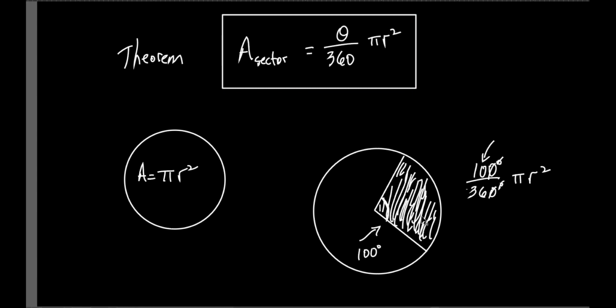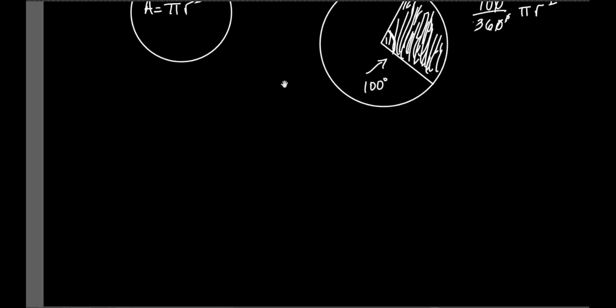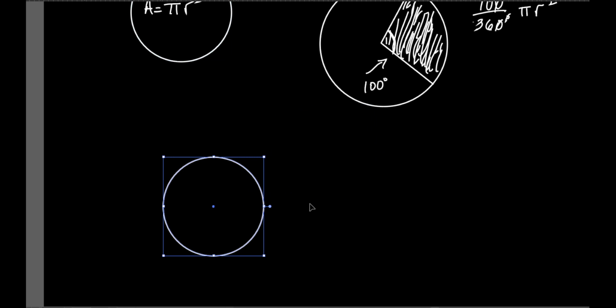Didn't you? If I knew that angle right there, it's 100 out of what? The whole entire circle, which is 360. So it's like that. Now watch. Let's do a couple that are pretty easy. What if I think the center is about right there.